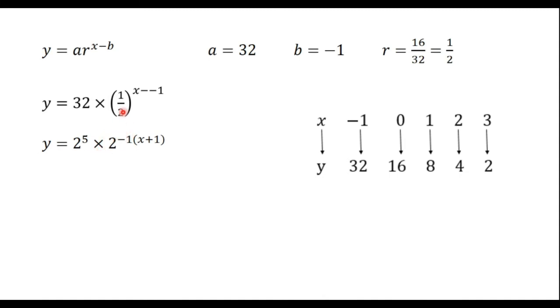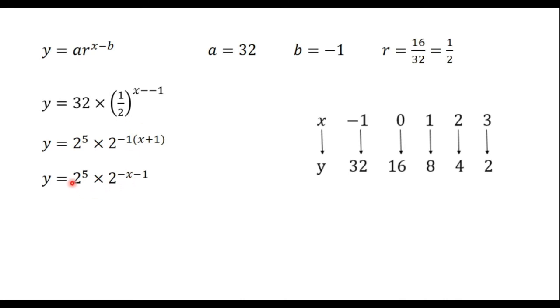So you have half being the same as 2 exponent minus 1. There's already x minus minus 1, which will give us x plus 1. So 2 exponent minus 1 will multiply x plus 1. Watch the video on indices and you get how this computation is being done.